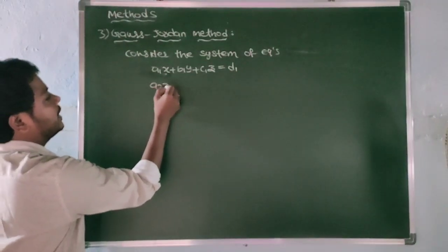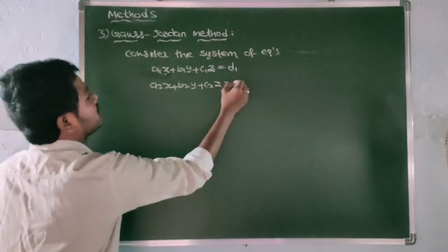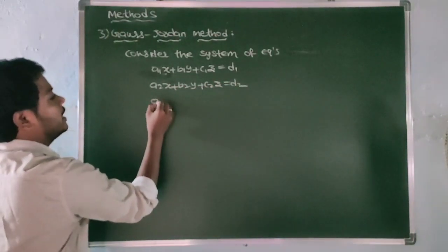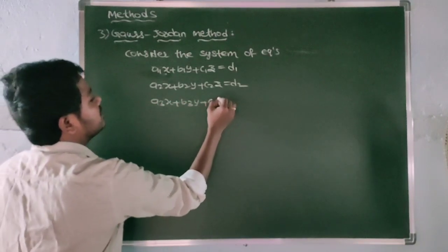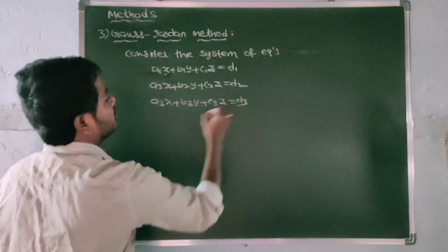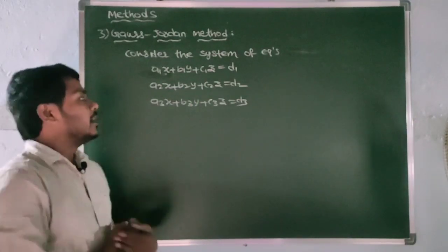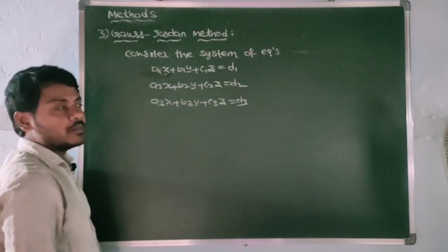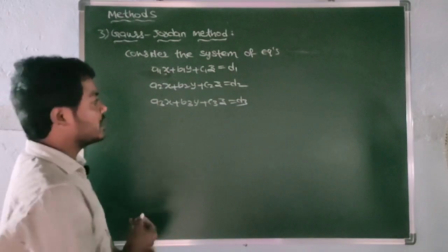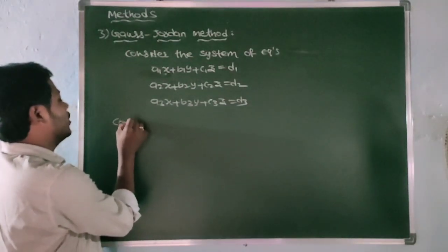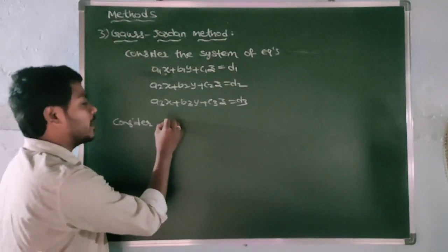Next a2x plus b2y plus c2z is equal to d2, and a3x plus b3y plus c3z is equal to d3. So these are the three system of linear equations, and here A is the coefficient matrix, X is the variable matrix, D is the constant matrix. And in this method you need to consider the augmented matrix.